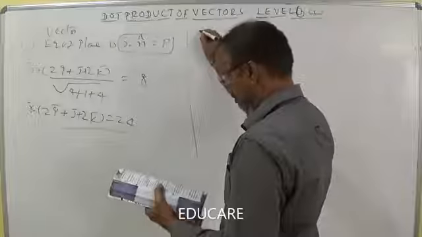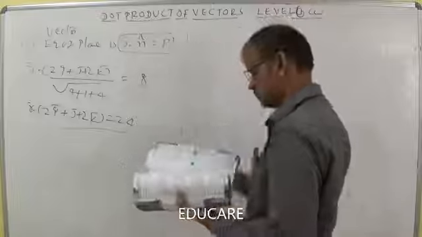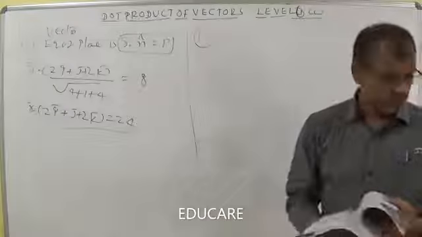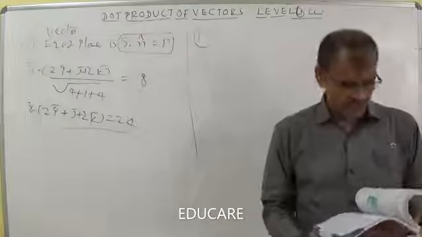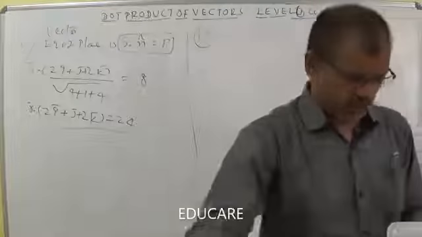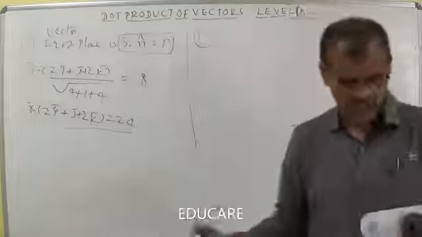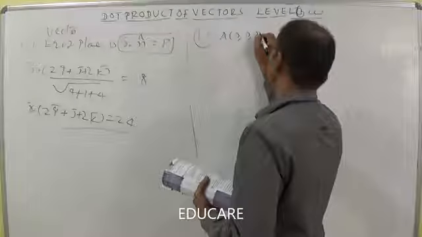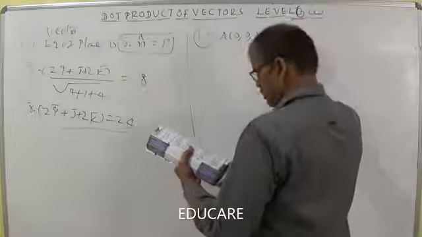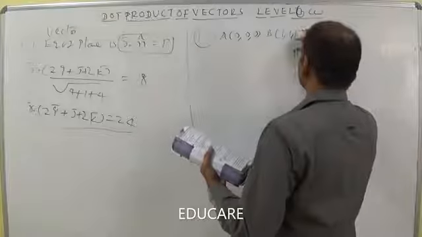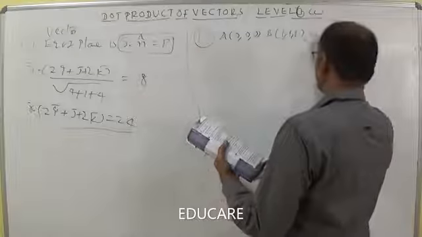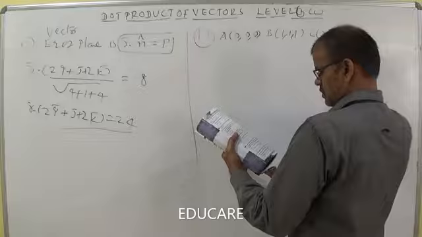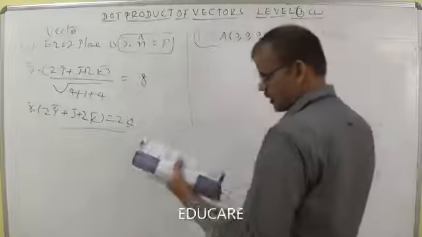Next, let us discuss the 17th question. The angle between the planes passing through the points A (0, 0, 0), B (1, 1, 1), C (3, 2, 1) is asked. This is the first plane, pi 1.